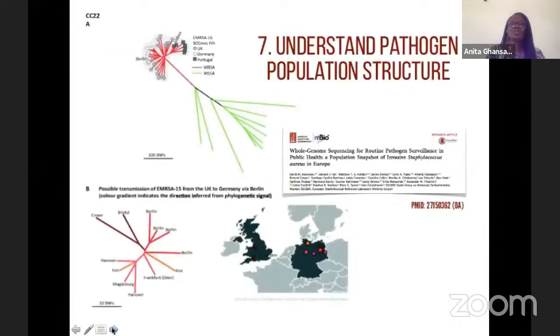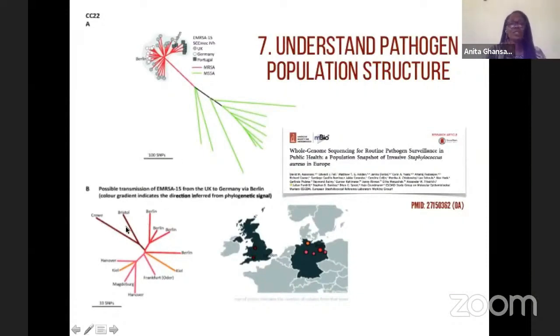Now we can also use pathogen genomics to understand the population structure of pathogens. So here we see a cluster, but different clades within this cluster of MRSA in the UK. These are the two gray clades, and then Germany, represented by Berlin in the white cluster, and then the dark gray representing Portugal.